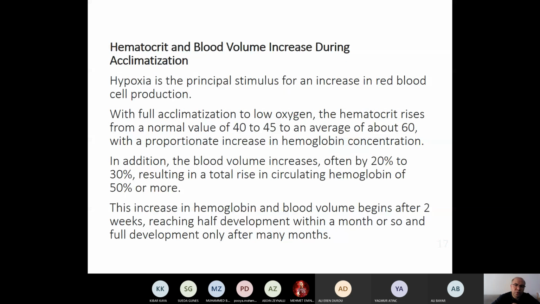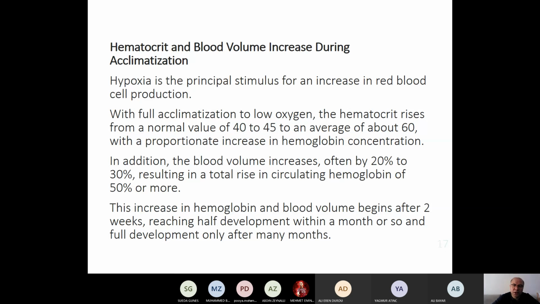Now, hematocrit and blood volume increase during acclimatization. Hypoxia is the principal stimulus for increased red blood cell production. With full acclimatization to low oxygen, the hematocrit rises from a normal value of 40-45% to 60% or more.